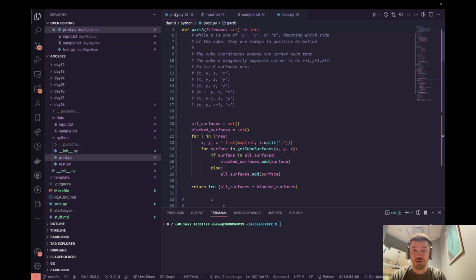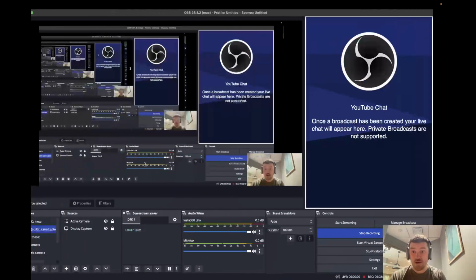So the first challenge was finding out, we have all the coordinates, and I had to find out what would be the best way to model the problem. How do I get the surfaces, and how do I use the coordinates?